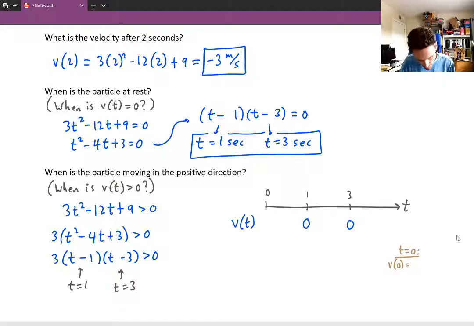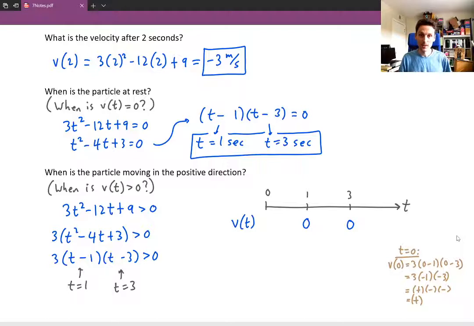So all I need to know is whether these factors are positive or negative. Here I have 3 times -1 times -3. But I can think of it as a positive number times a negative number times a negative number, which is positive overall.